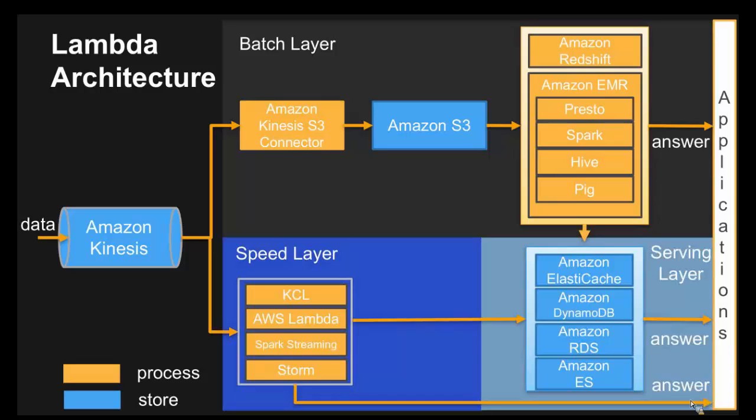It could be a subsystem that's doing tens or thousands or even millions of requests per second. So your batch layer and the speed layer should put that into some form of a storage subsystem. It could be either Amazon DynamoDB or RDS or Elasticsearch to be able to surface the answers, depending upon what type of problem it is. If it's a search problem, then typically data goes to search.